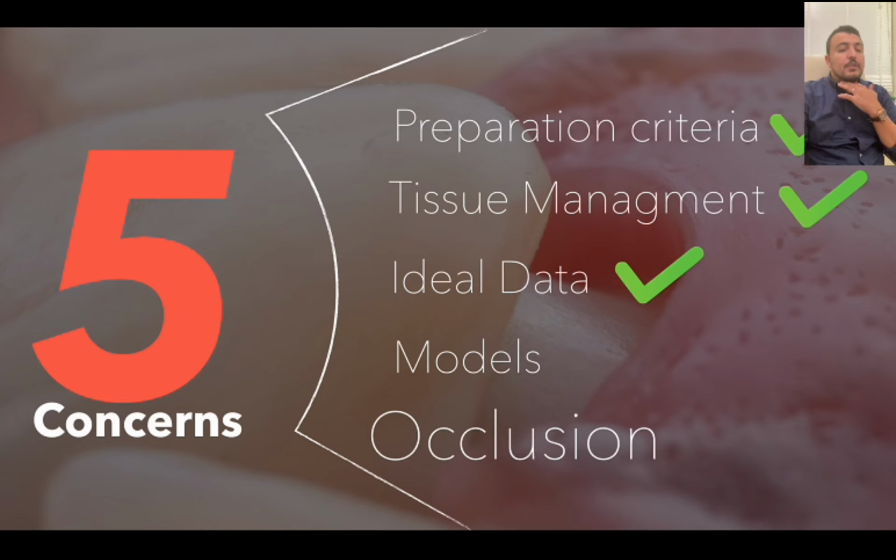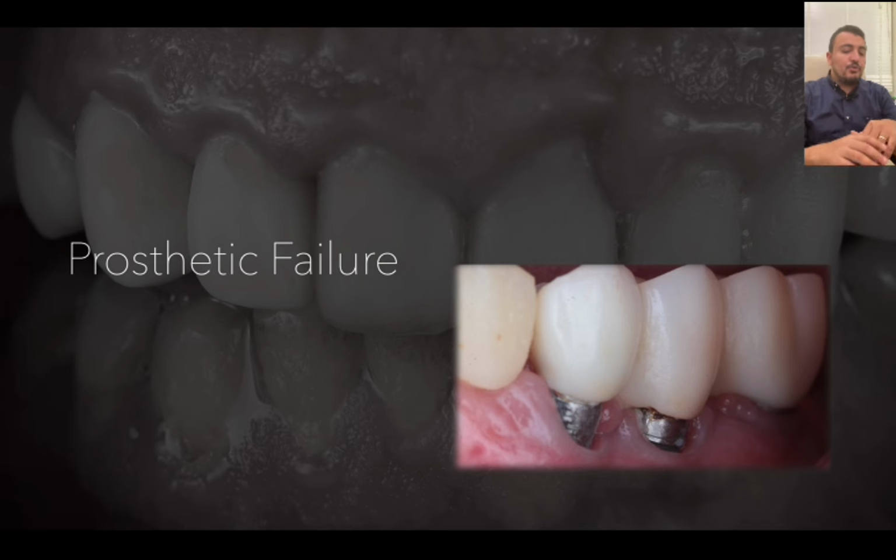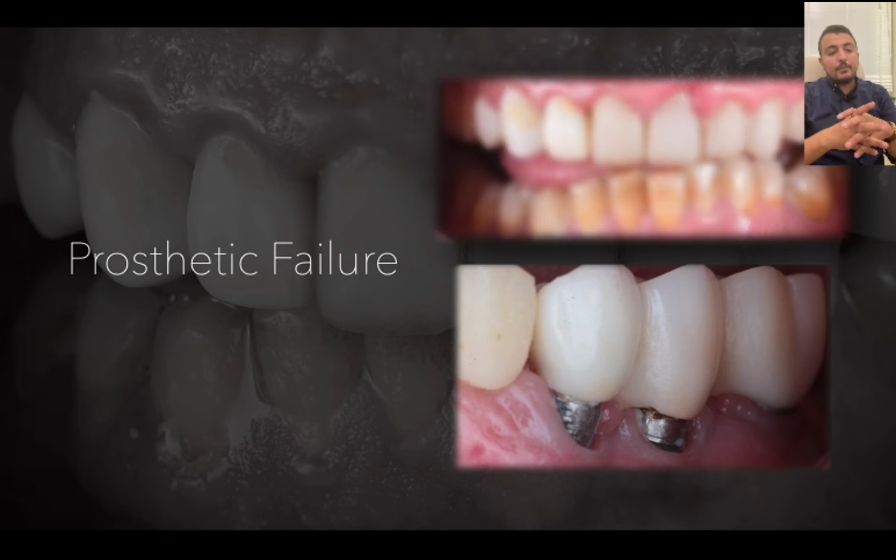And today I'm going to discuss the occlusion, because occlusion can be a detrimental trigger for prosthetic failure and also for implant failure. And occlusion is one of the hugely underrated topics in the practice of prosthodontics.